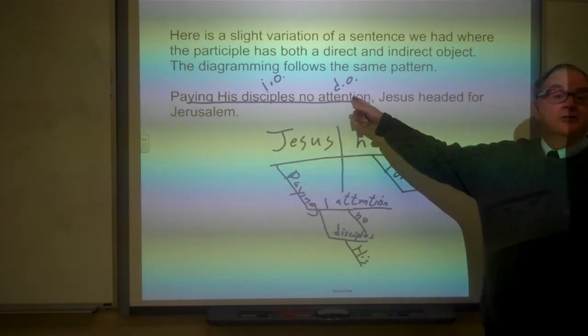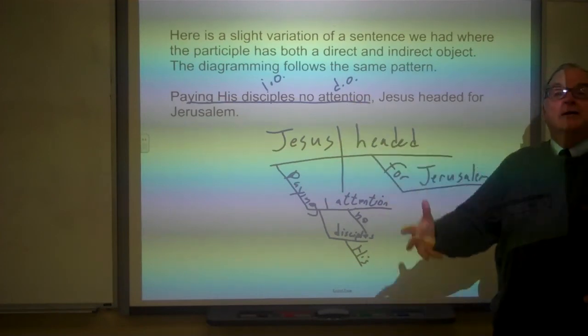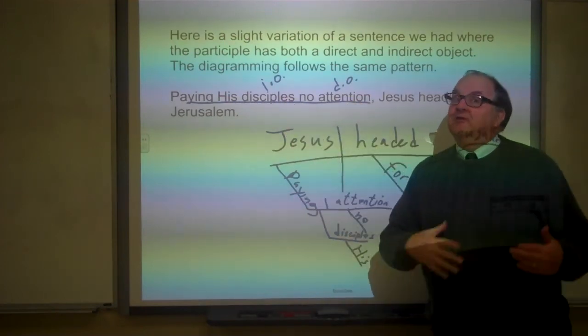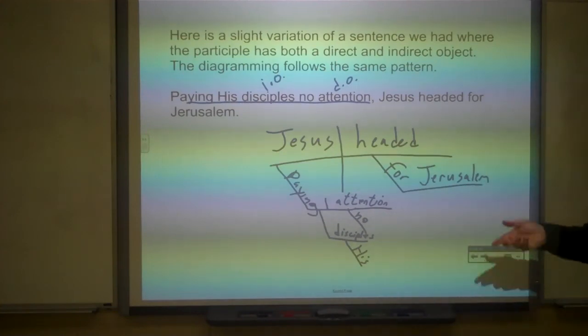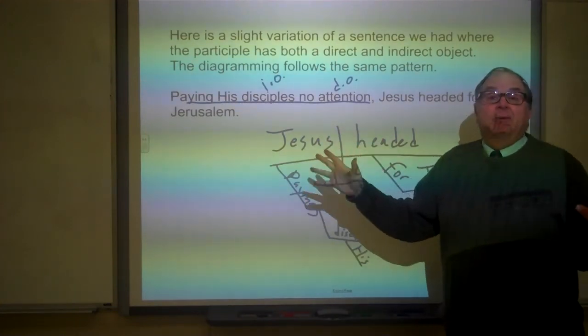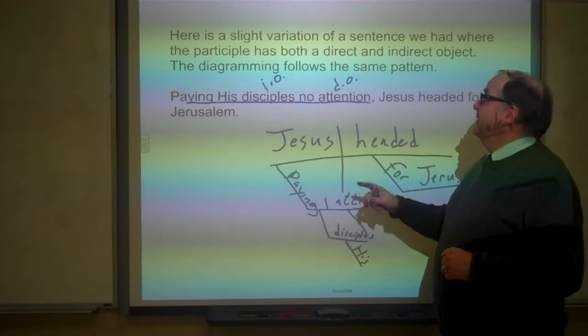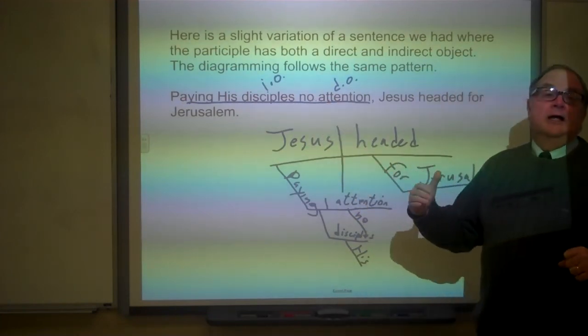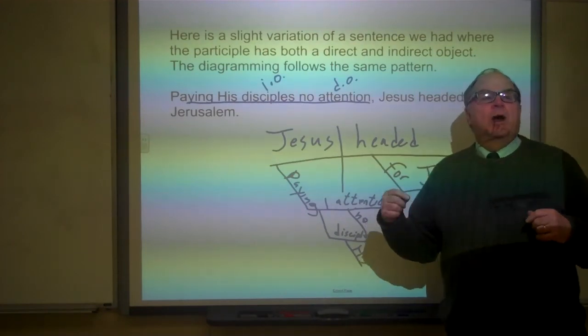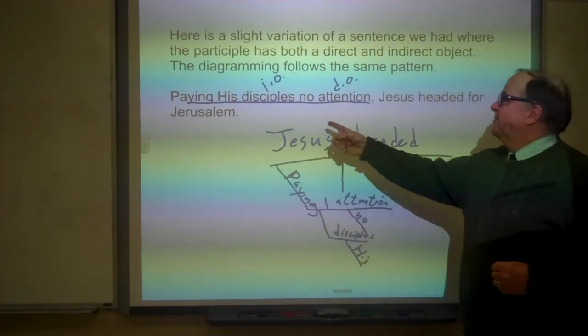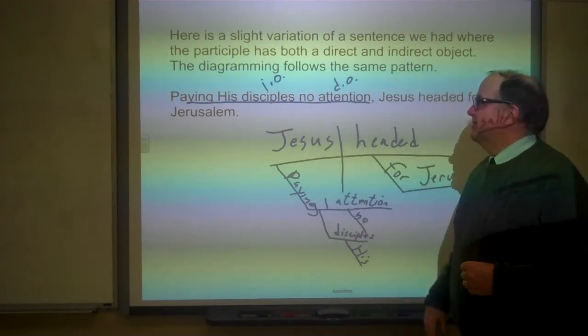In this case, attention, of course, is still a direct object. Paying what? But in this case, disciples is not part of a prepositional phrase. It's by itself. It's the indirect object. So, you know, the indirect object is what receives the direct object. So the disciples receive no attention.